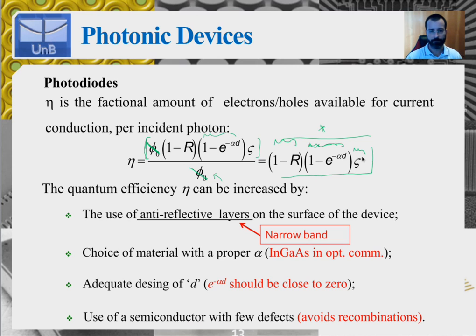So hopefully this gives us an idea of the different effects in decreasing the quantum efficiency, and how we can proceed in order to design the device in order to increase it and have high quality photodetectors or photodiodes.